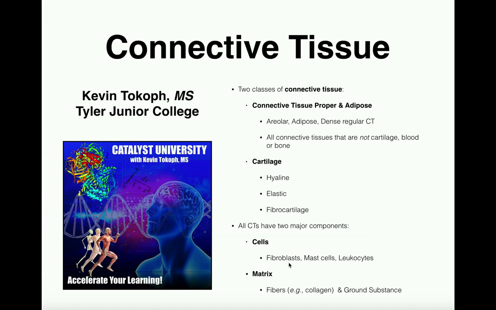For example, common cells that we'll see will be fibroblasts, mast cells, leukocytes, which are white blood cells, and a whole host of other types of cells. Everything outside the cells is the matrix, and the matrix itself consists of fibers and ground substance. Ground substance is the medium in which everything sits, and fibers are strands of proteins such as collagen. We'll also see elastin as well.